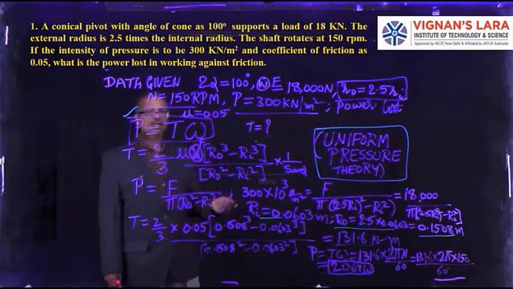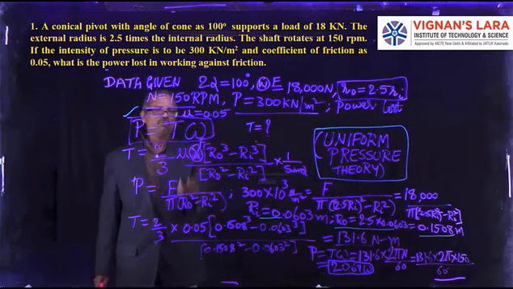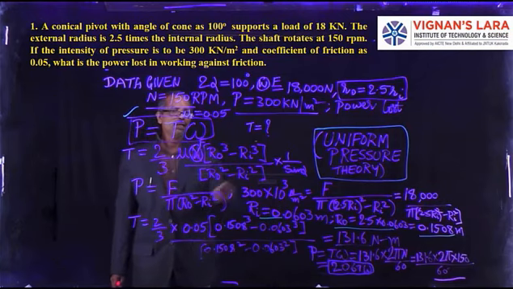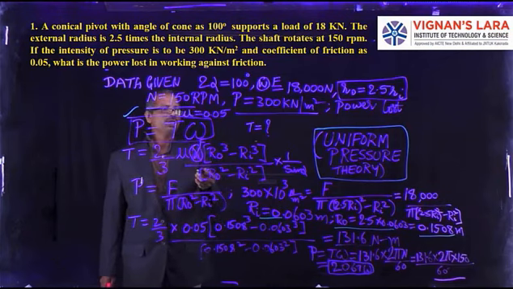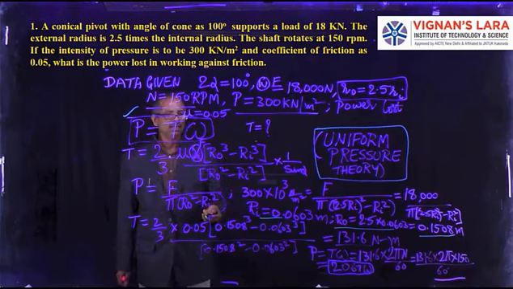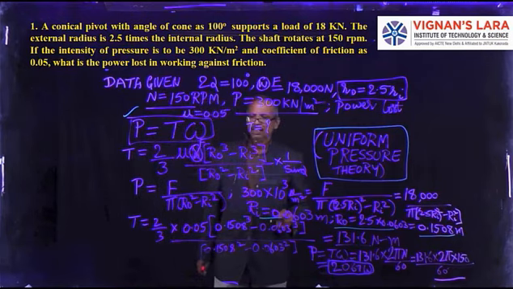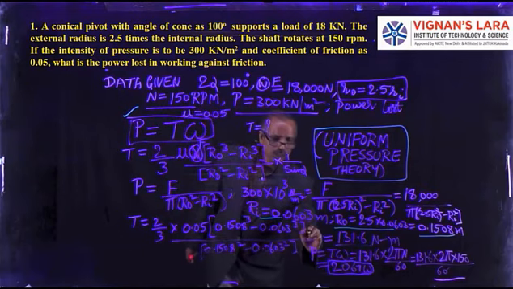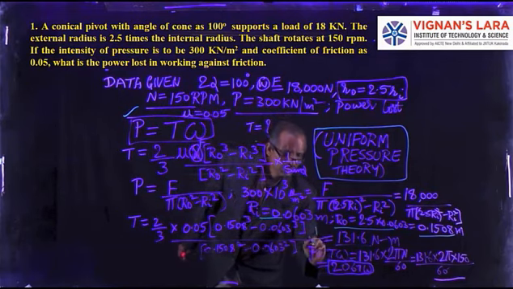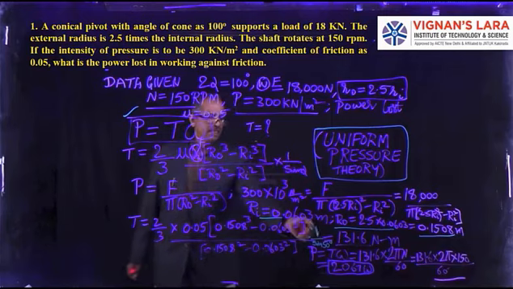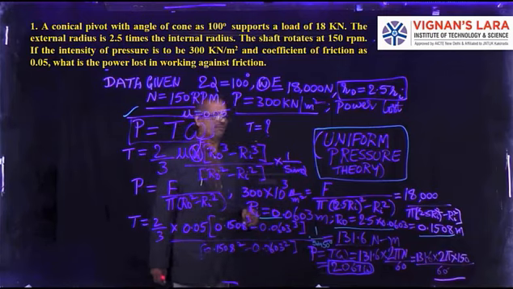Once I get R0 and Ri, I simply substitute in the above equation. T is equal to 2/3 into that equation, where R0 and Ri are substituted, mu is substituted, and alpha is there, sine 50 degrees. By substituting, I think here I had missed the sine alpha term. So 1 by sine alpha, that is 1 by sine 50.